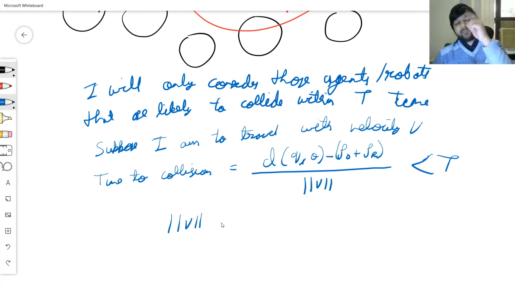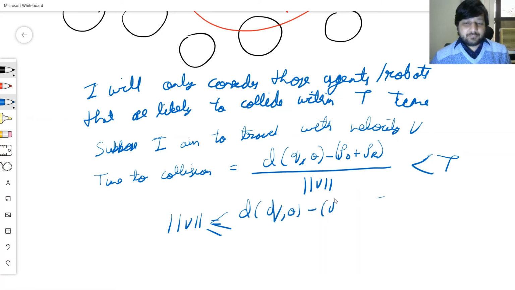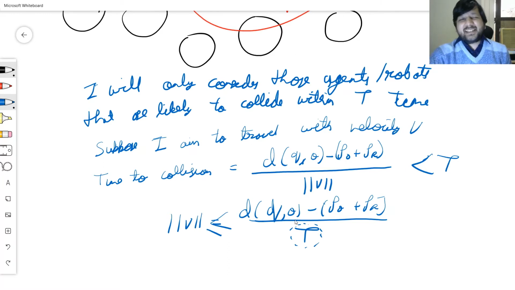Now this is the first time I'm putting a constraint on the magnitude of the speed of the velocity vector. Earlier it was always a direction of velocity. Now there's a constraint on the magnitude that I can consider. So put this here, and that's an added constraint. Where this t is a constant which is given, it basically says how far do you plan, how far do you see, how far do you account for collisions.